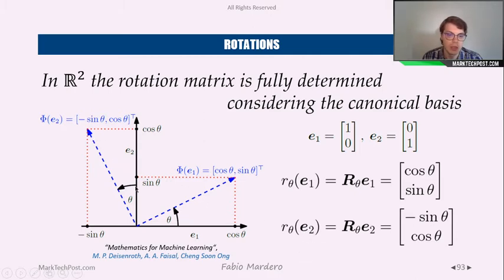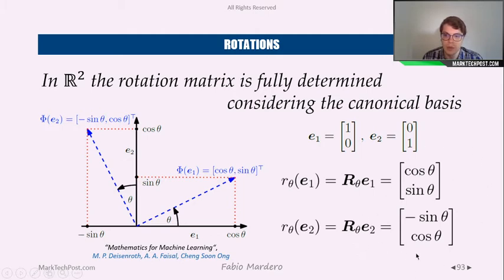Here you can see the same rotation is performed with an angle theta, and we can see that the x coordinate would be minus sine of theta, while the y component would be cosine of theta. And here we report the result.